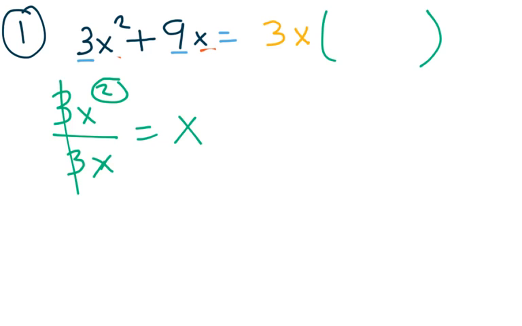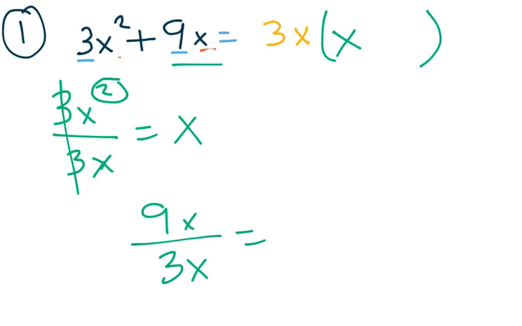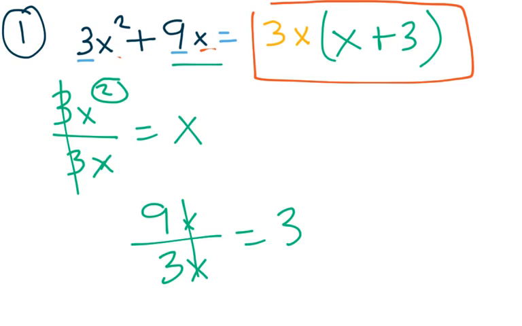Now I need to take 9x and divide it by whatever we factored out. Again, we factored out 3x, so we're going to divide it by 3x. Well, the x's cancel out, and 9 divided by 3 is 3. So I'm left with a positive 3. So this would be my final answer: 3x times x plus 3. That's how you would factor that one.